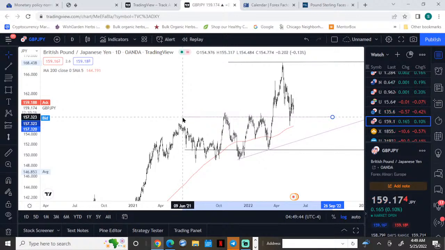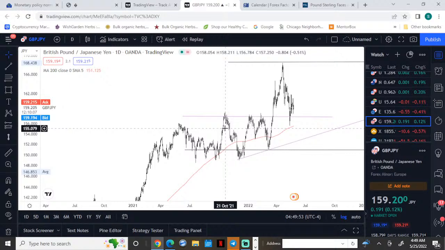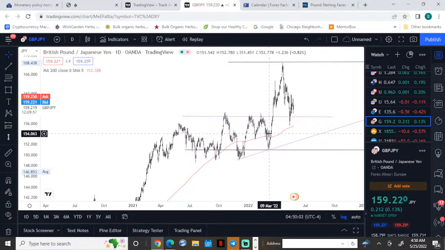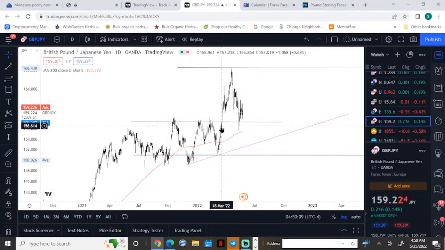Here and here, since June 2021, October 2021, December 2021, January 2022, February 2022, and recent March 22. This was a very significant area. Price just broke out on Sunday and made a new high on GBP.